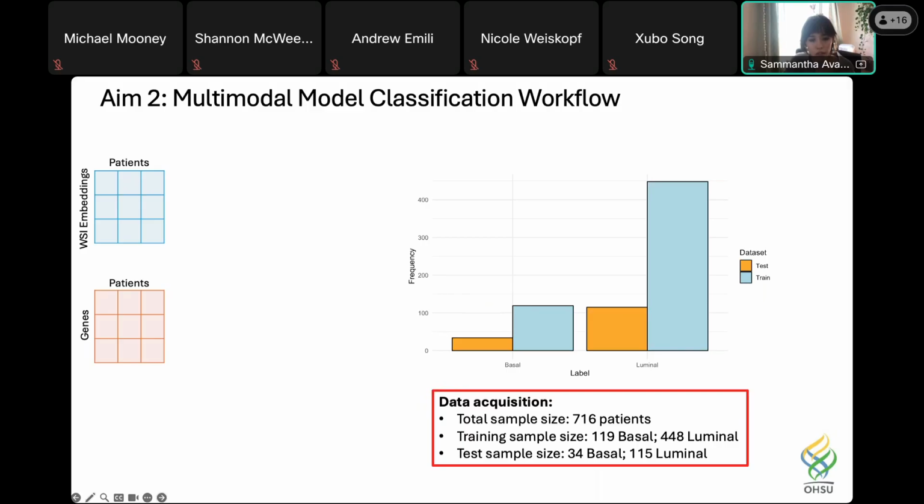And so this resulted in our training set consisting of 119 basal patients and 448 luminal patients. Whereas for our test sample size, there were 34 basal patients and 115 luminal patients. And so again, there is a severe class imbalance, and this was taken into account for our multimodal model by incorporating class weights while training our model.